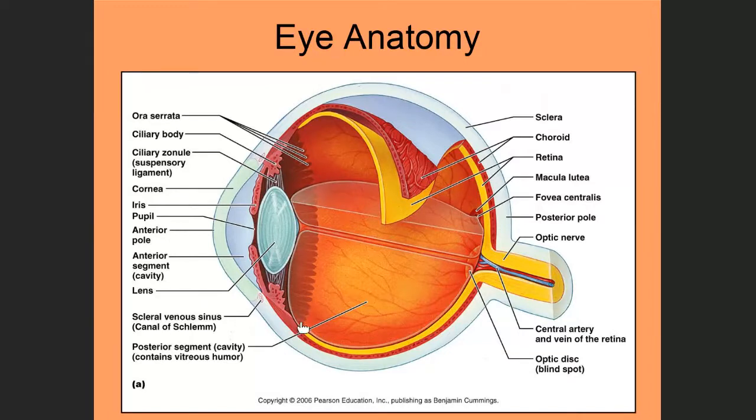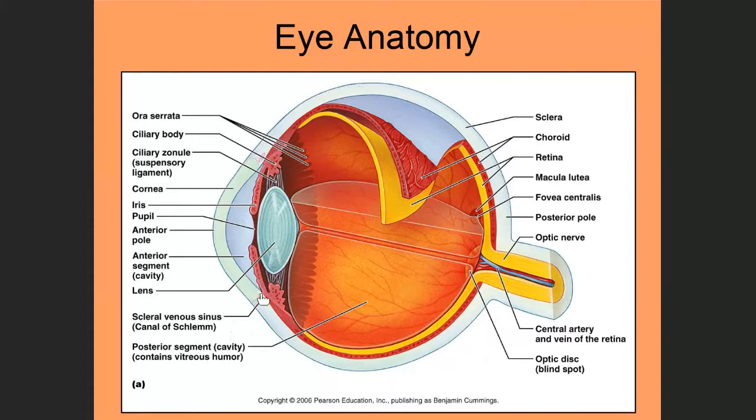If you look at the eye as a whole, you'll notice that it's divided into 2 different chambers. So we've got an anterior chamber here on the front side, just behind the cornea, and it is filled with a fluid that's known as aqueous humor. And aqueous humor is just a liquid, almost like water. It's being produced all the time and released into this anterior chamber of the eye.